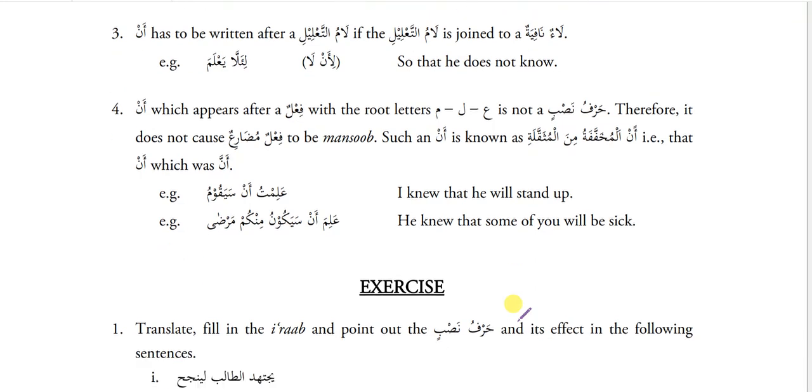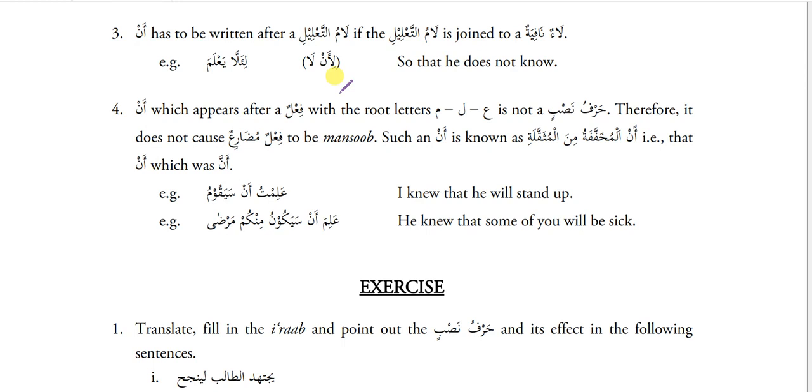Now the third rule of an is that an has to be written after lamut talil if lamut talil is joined. As we already knew, after lam talil an is hidden. So sometimes an is hidden and sometimes an is visible.